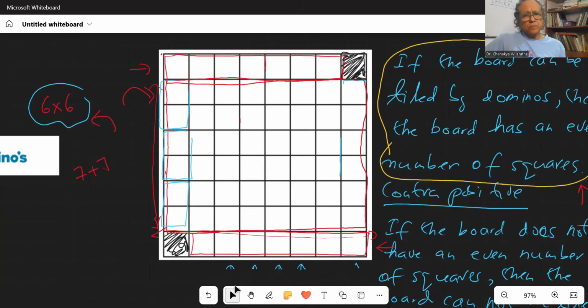Now, you need to pause and think, right? Stop the recording and think whether this is true, right? So here's the pause. So I'm going to pause, and come back.